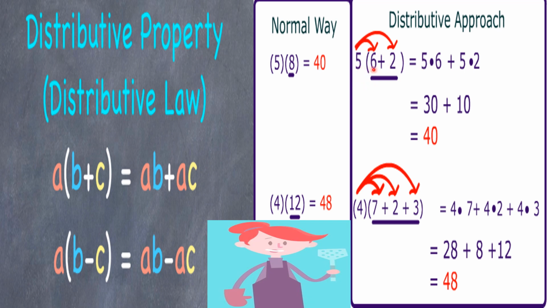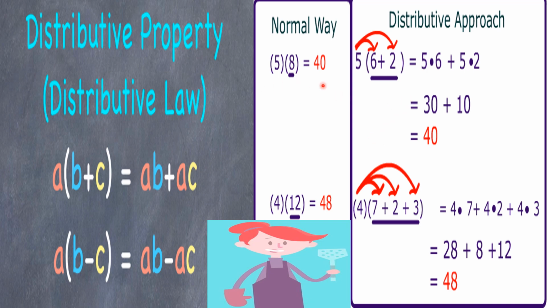So when it is distributed to 6, I write it as 5 into 6. Since it is over addition, I write it as plus, and this is 5 into 2. So 5 into 6 is 30 plus 5 into 2 is 10, which is equal to 40. Both the answers are the same, but I follow this distributive approach to make my calculation simpler.